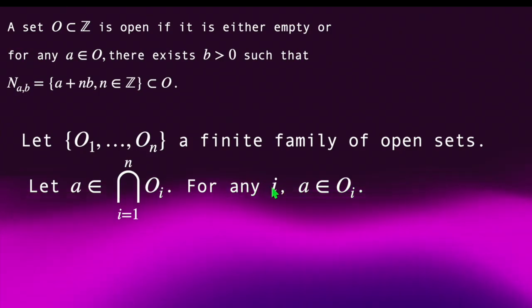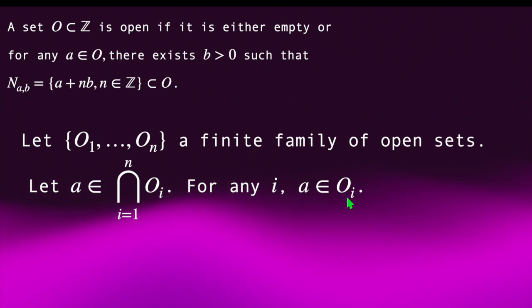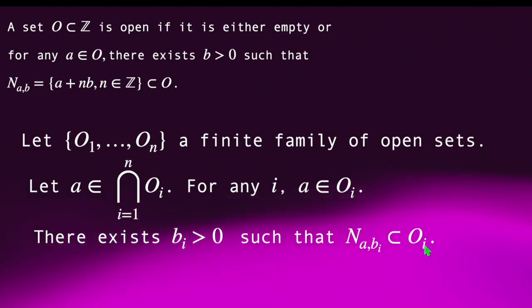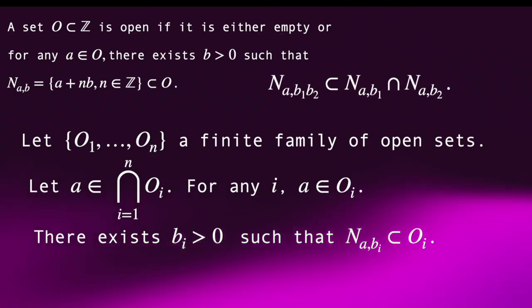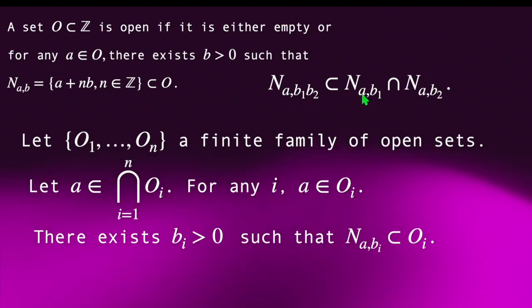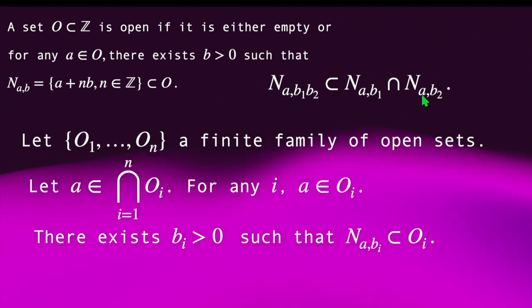This means that A is contained in every Oi, and this means that there exists Bi positive such that N(A,Bi) is contained in Oi. And now we use this property: N(A,B1B2) is contained in N(A,B1) intersected with N(A,B2).